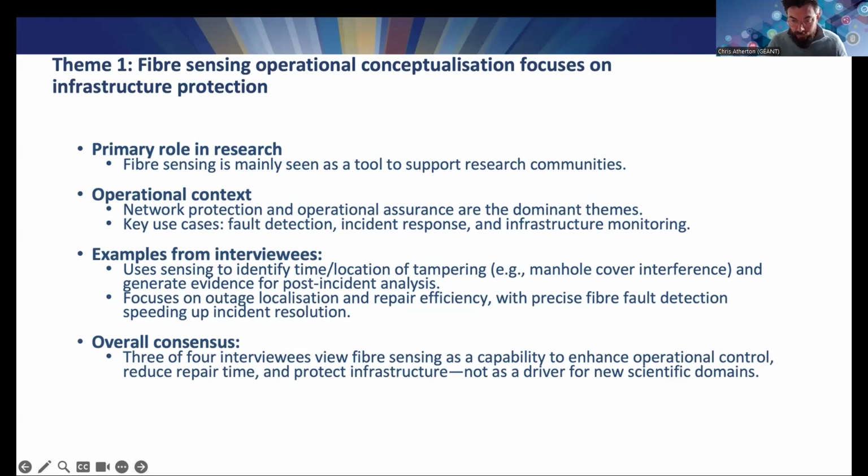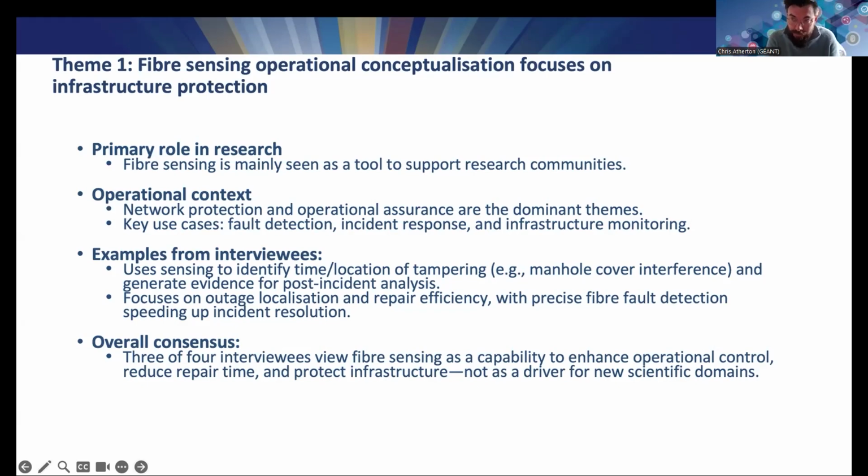Also, for quickly identifying where an incident occurs, so that a resolution team can be directed as quickly as possible to a specific location to fix whatever the problem is. So it's more about incident response and fault detection, combined with this idea of intrusion protection, which seemed to be one of the primary themes which came out of the interviews.